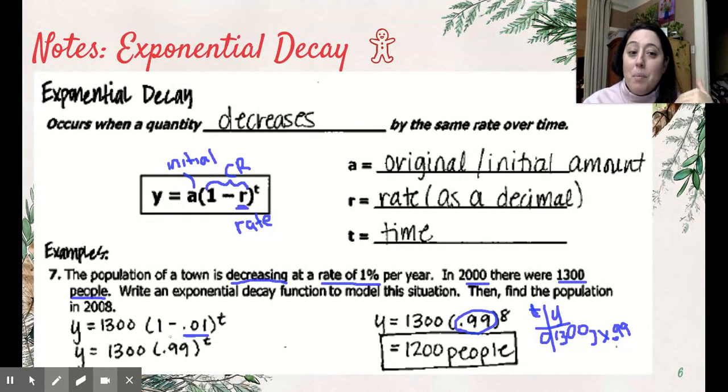But I do want to point out one more thing, that this 2000, anytime we're talking about years, most times that we're talking about years, whatever year you start out becomes year 0. Okay, so in 2008, that is 8 years later, right? So I go 1, 2, 3, 4, 5, 6, 7, 8 down this T column.